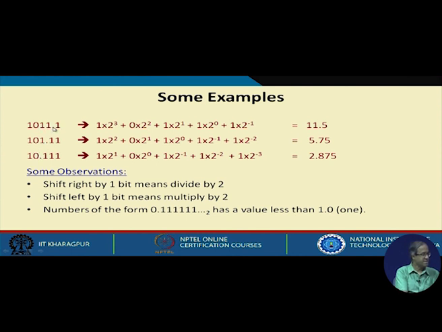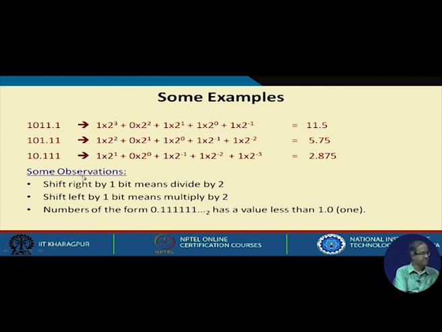When the radix point shifts left by one position, if you look at the corresponding value, you see that this means a division by 2. 11.5 if you divide by 2, you get 5.75. 5.75 if you divide by 2, you get 2.875.